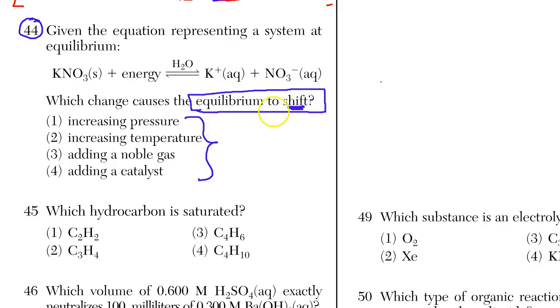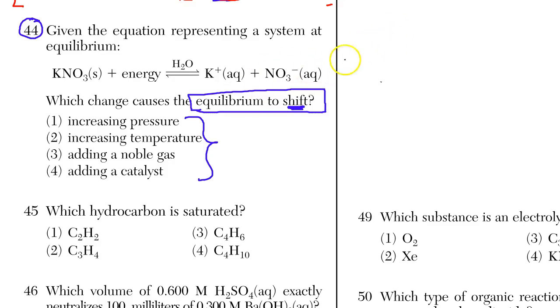Now, shift would mean that it's going to go faster in one way or the other. If it's at equilibrium, you should know that the rate, the speed of the forward reaction equals the speed of the reverse. One of these choices is going to disrupt that balance and make one of the ways go faster than the other, which means it'll overall go forward or reverse, left or right. So let's go through the choices.